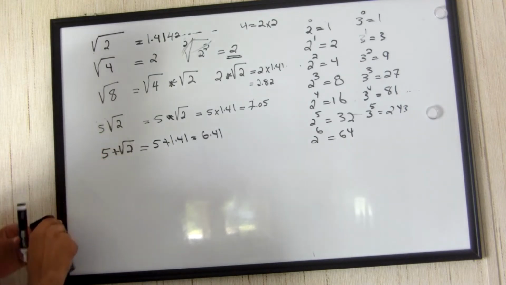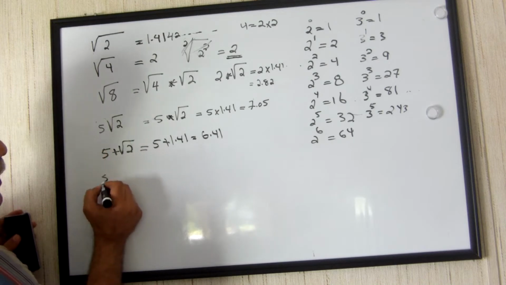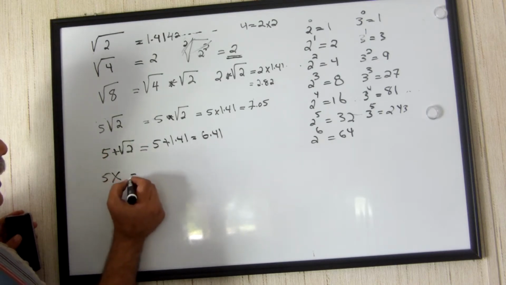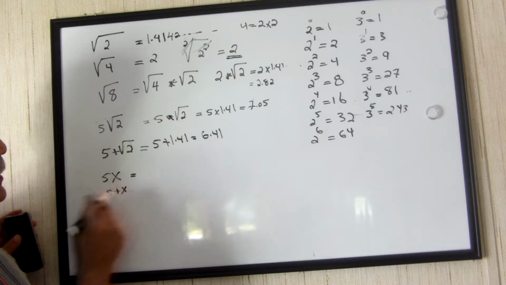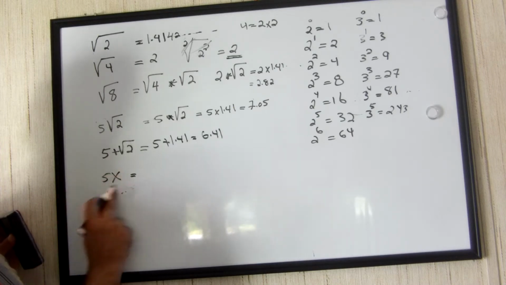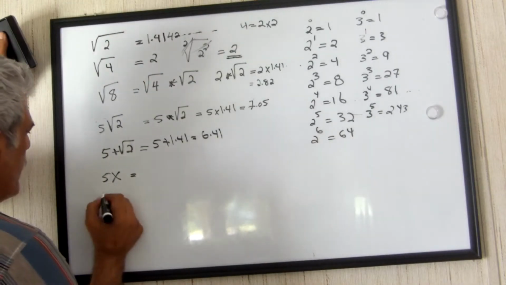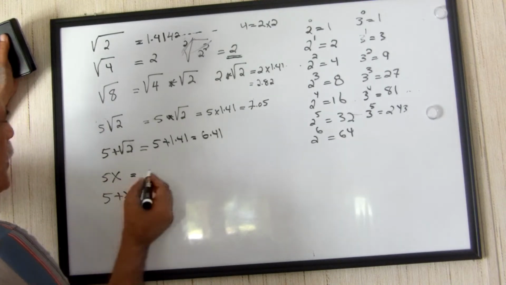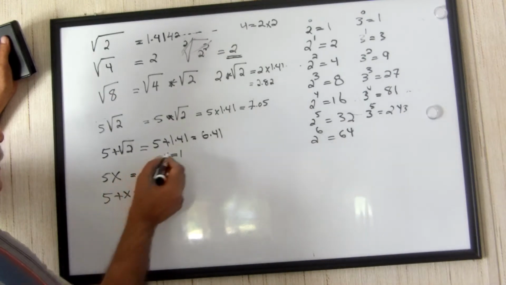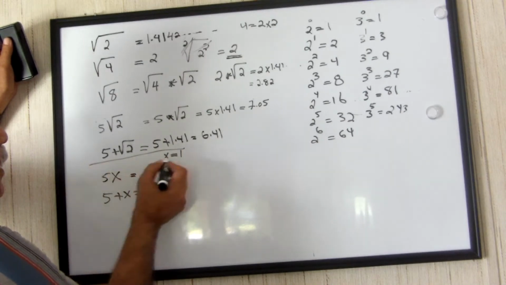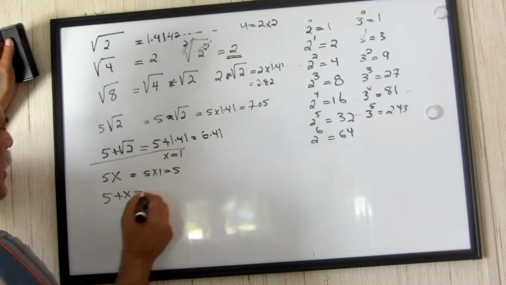When we don't write anything between them, like in a polynomial such as 5x, it means 5 times x, which is different from 5 plus x. Like if x is an unknown number, and x is equal to 1, by substitution, 5 times 1 is going to be 5.